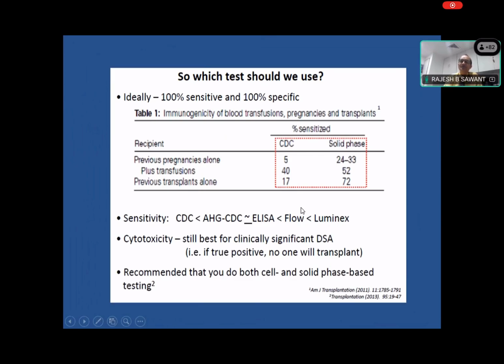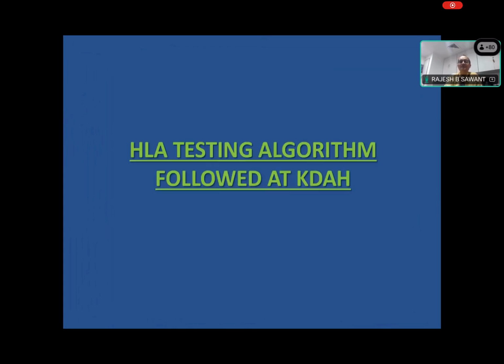So you can use a combination of these. Either CDC and flow or CDC and Luminex based cross match is something which most of the centers use for antibody identification or detection first. And for cytotoxicity, it is still best for clinically significant donor specific antibodies. So as I said, it is the mandatory test that is still followed, right?